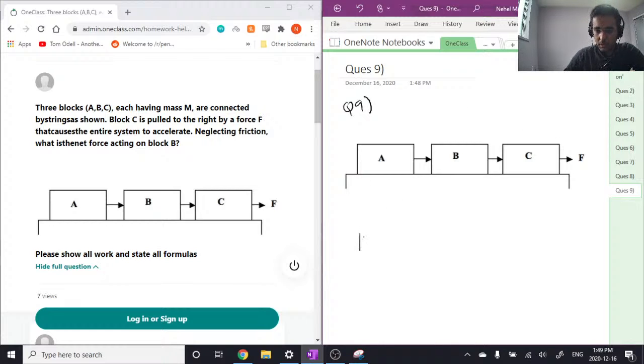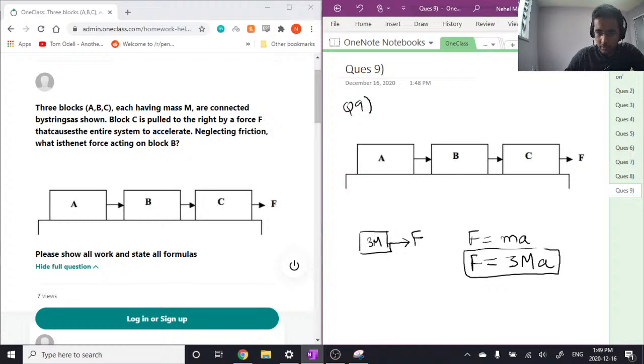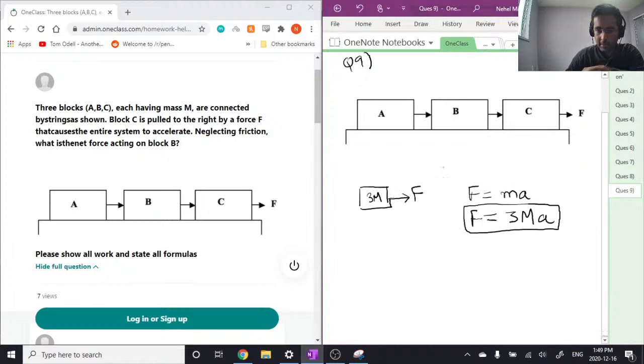If I look at the system as a whole, what I actually have is a mass of 3M being pulled by a force of F. So for the system, the equation of motion is F equals ma, where m is 3 capital M. We don't know the acceleration, but we get an equation for the entire system.